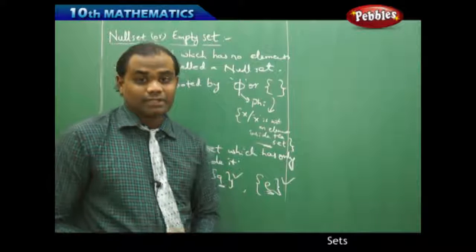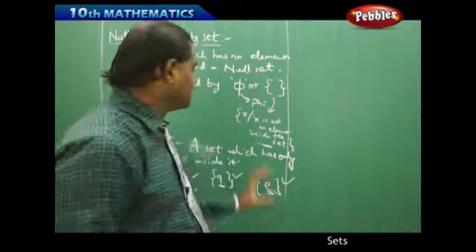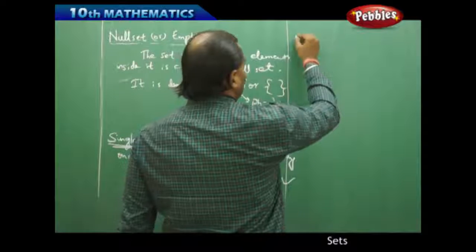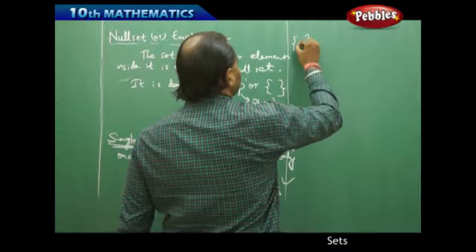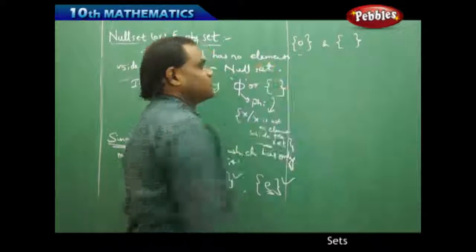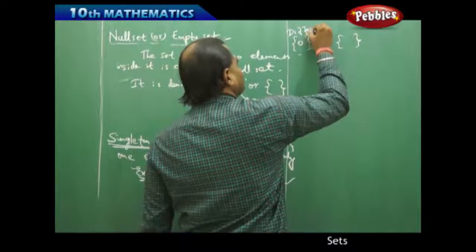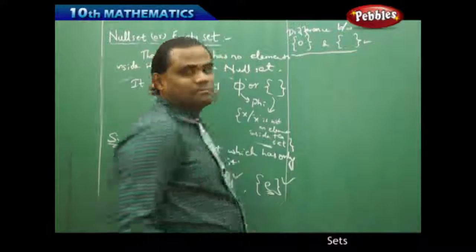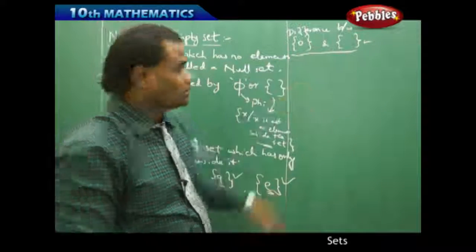Now with the definition of a singleton set, there is one important property by which we have to differentiate between the null set and the singleton set. What is the difference between this and this? Many assume this to be the null set, but that is not true.